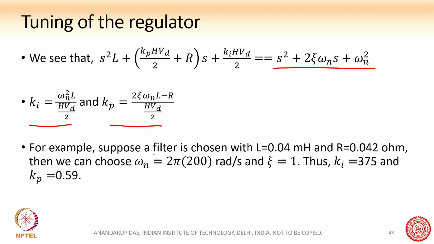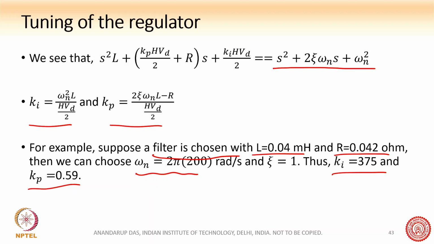Suppose we have a filter which we choose with L equal to 0.04 millihenry and R equal to so much, and omega is 2 pi into 200, and so we get these values. Ki is so much and Kp is so much. So this is one way of designing the closed loop control of the VSC.